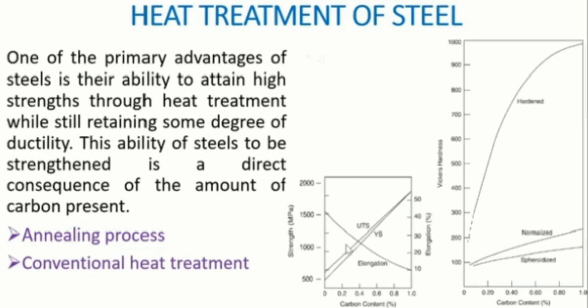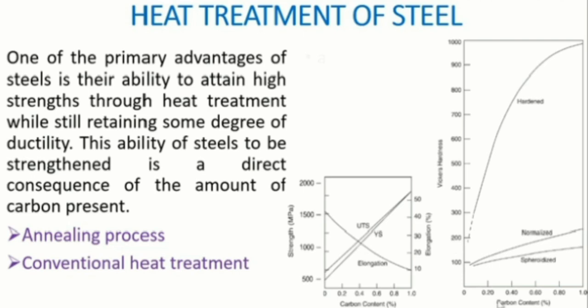But then as the strength increases with respect to the carbon content, the ductility decreases. So it's a trade-off. That's why here we said we can still have steel with heat treatment at a very high improvement while maintaining some degree of ductility.